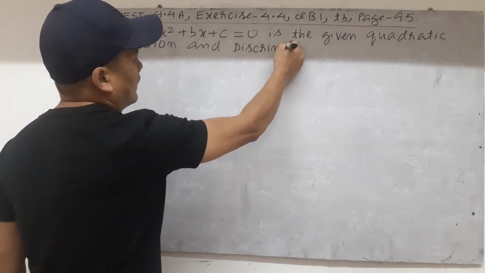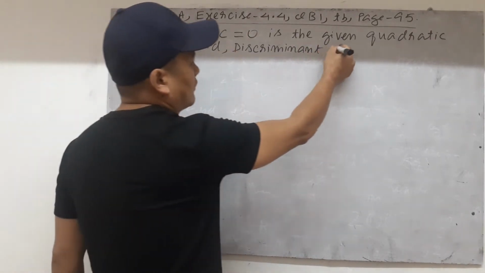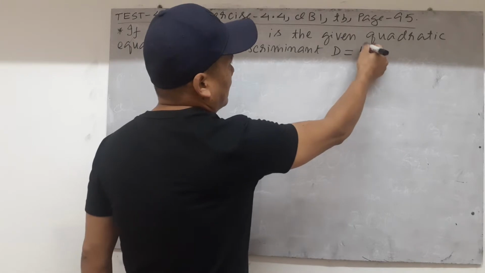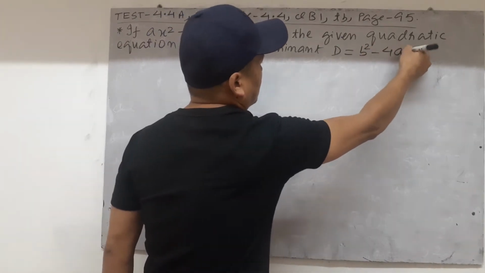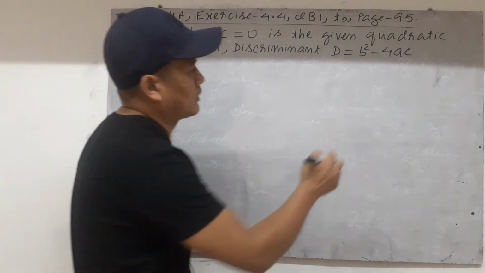We have discussed this slightly even in a previous exercise. And the discriminant, which is usually denoted by the letter D, is equal to b squared minus 4ac, meaning the discriminant for this quadratic equation is this one.